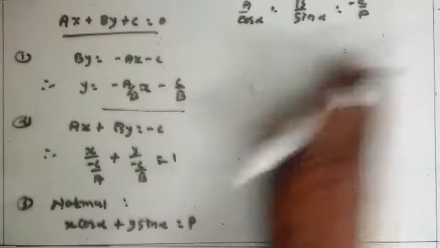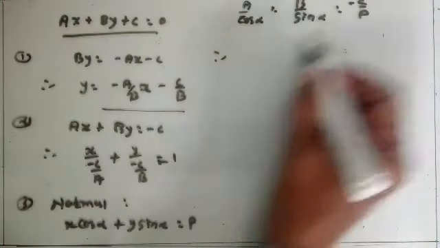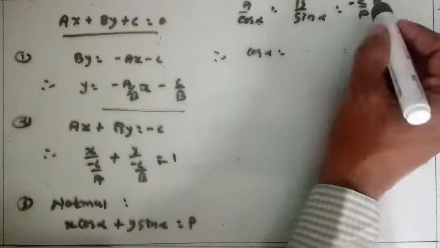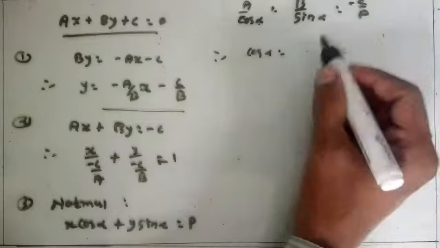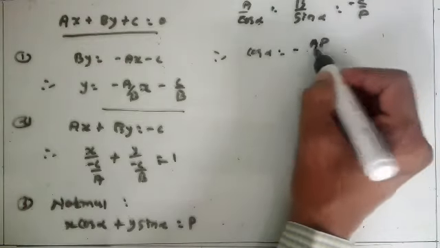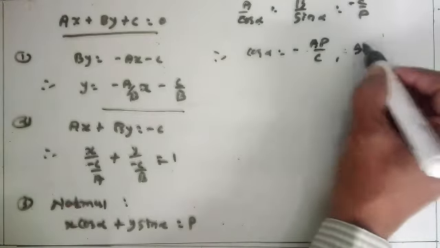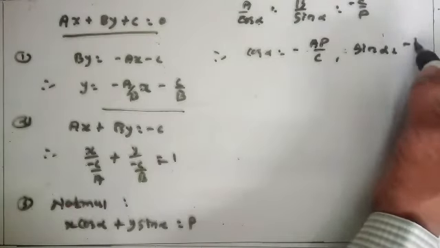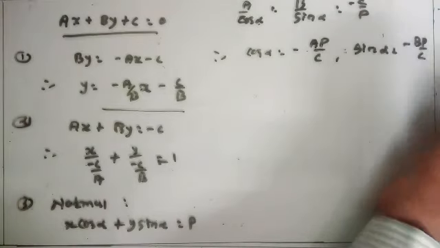Now for cos alpha, rearranging this, taking p and -c to this side, we get cos alpha = -ap/c. Sin alpha = -bp/c.